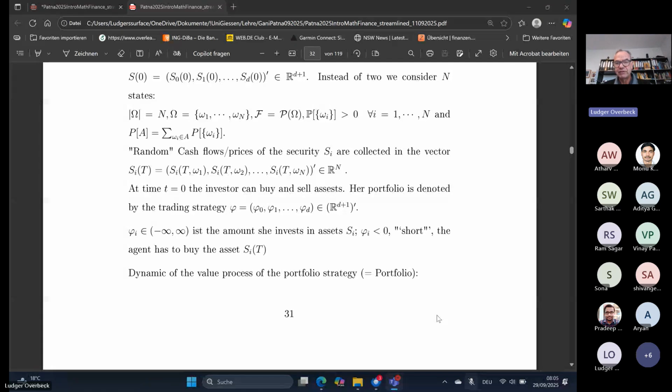And we have seen on this tree, we can derive the replication portfolio in order to get the price of an option as an initial cost of a replicating portfolio. And this is a basic scheme in financial mathematics, how to price by non-arbitrage.